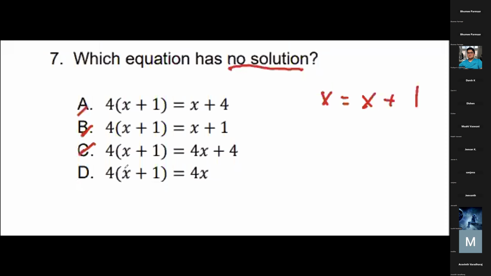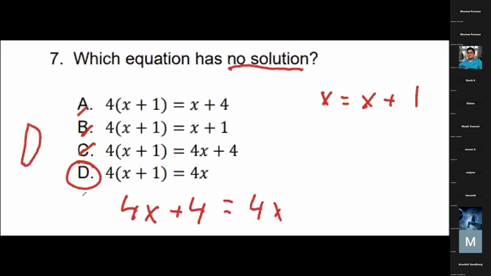And so for part D, we get 4x plus 4 equals 4x. Well, no matter what you plug in for x, if you plug in like 1, 2, 10, whatever you want, this equation will never be true. So the correct answer is D, where the slopes are the same and one of the sides has an extra constant.